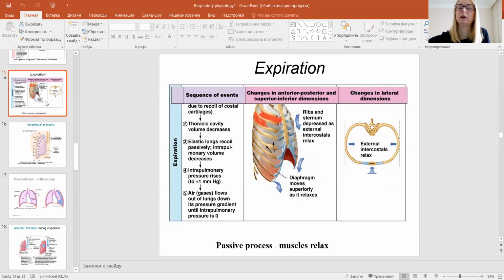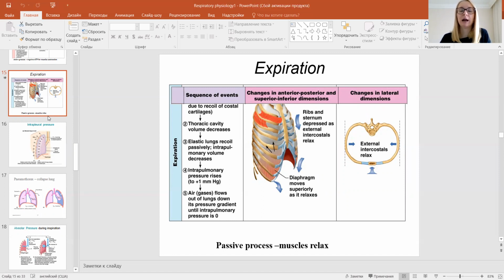What happens during expiration? Calm expiration is a passive process because it does not require the participation of breathing muscles. The stopping of inspiratory muscles contraction leads to domination of pulmonary elastic forces, which decrease alveoli pressure, which in turn causes the transmural pressure to decrease and leads to pulmonary deflation.